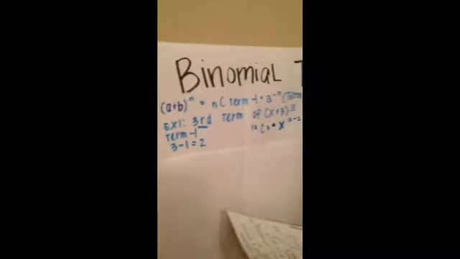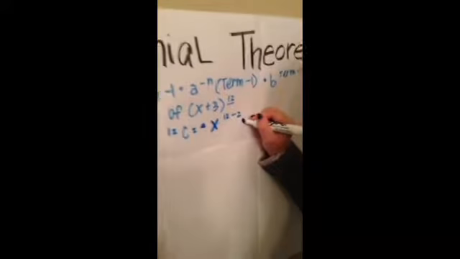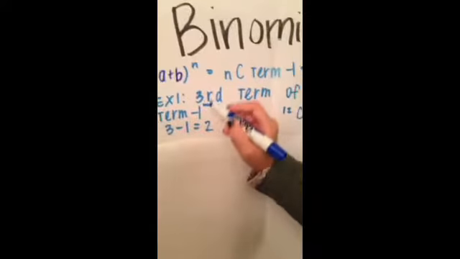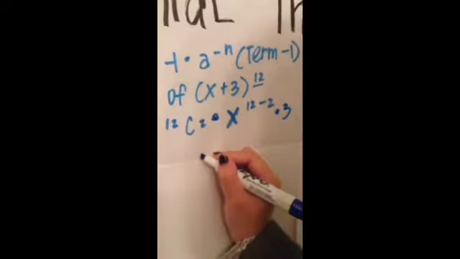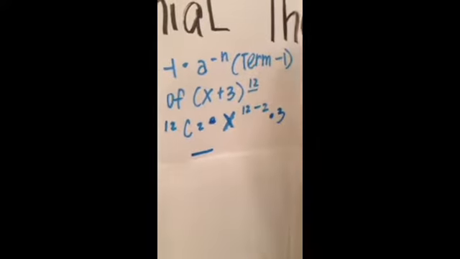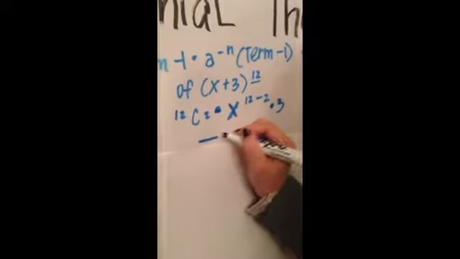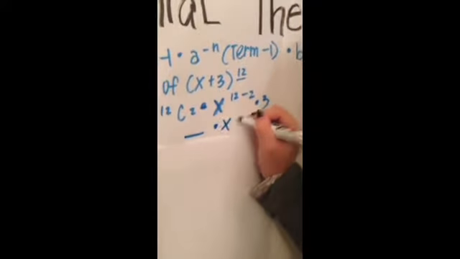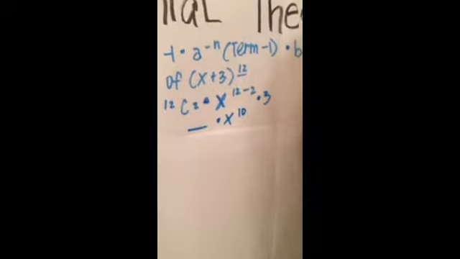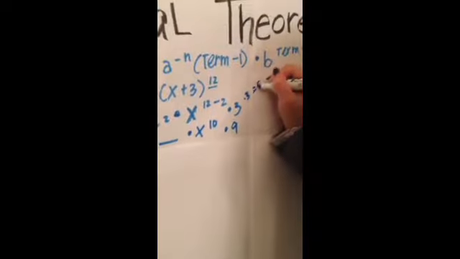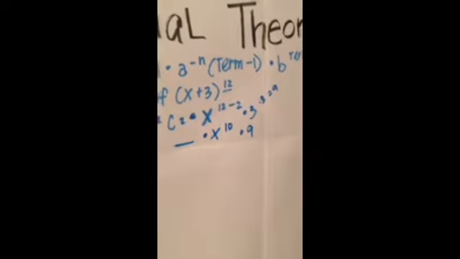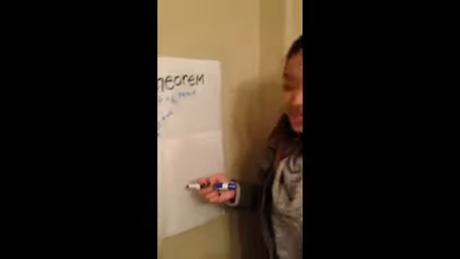And then you're going to multiply by 3, which came from here. And so that's just what you're going to do for now. Later on, once we find the term, we're going to plug it in right here and multiply it by x to the 10th power, and then 9, because 3 times 3 equals 9. But then we're going to come back to that.